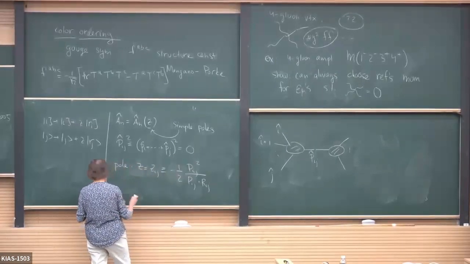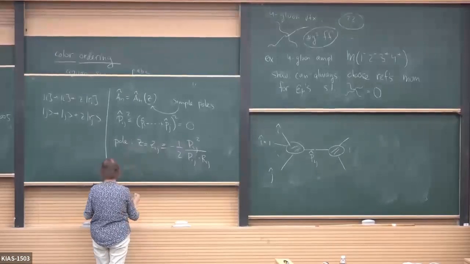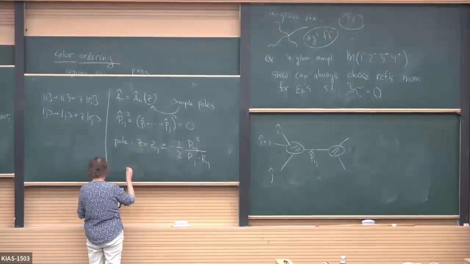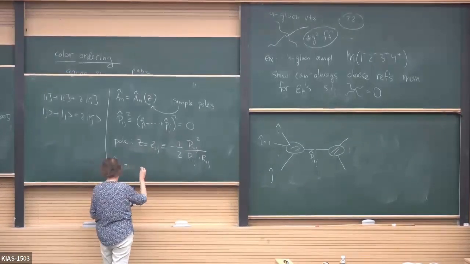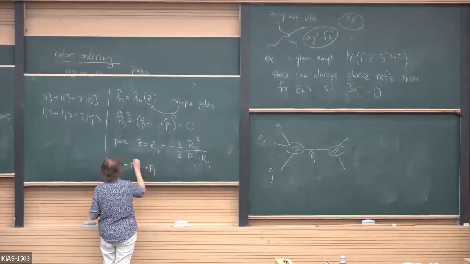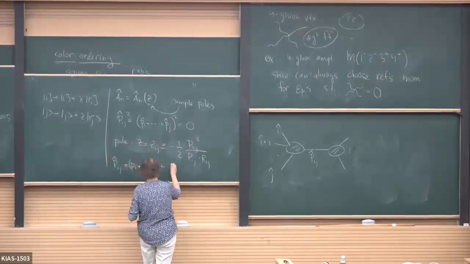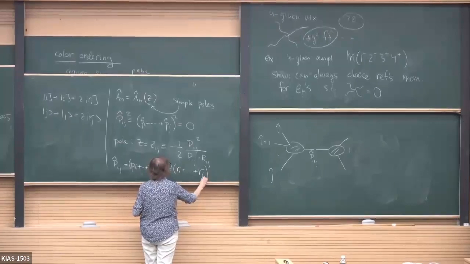And this R_ij is coming from the total shift here. So my P_ij hat, I can write as P_i plus P_j plus all the shifts, z times (r_i plus r_j).